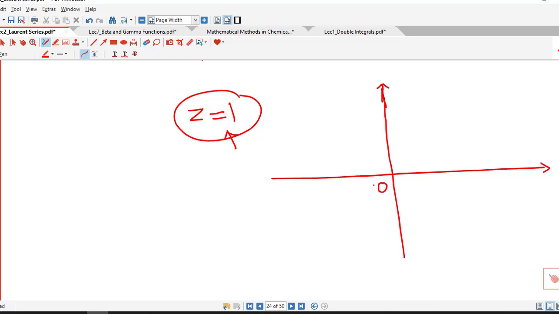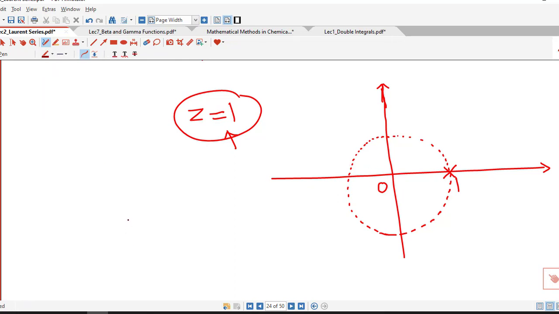So this is the center z equal to 0. Our function is not analytic at z equal to 1. So if we consider this circle with radius 1, then our function is not analytic at this point z equal to 1.